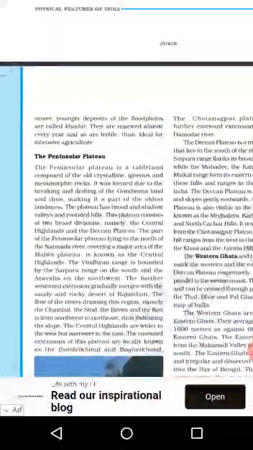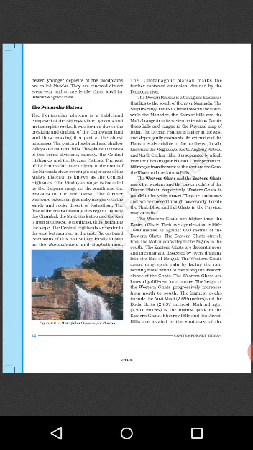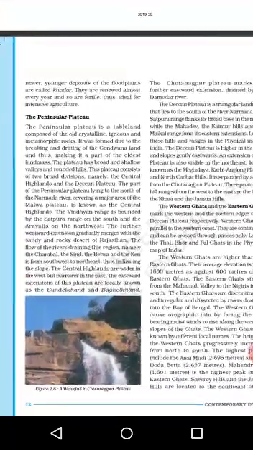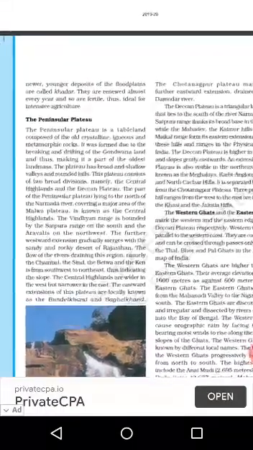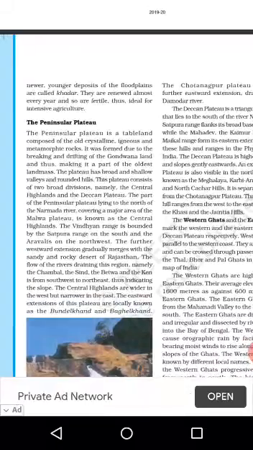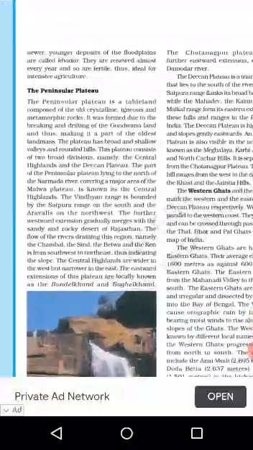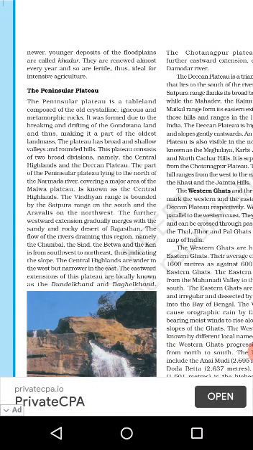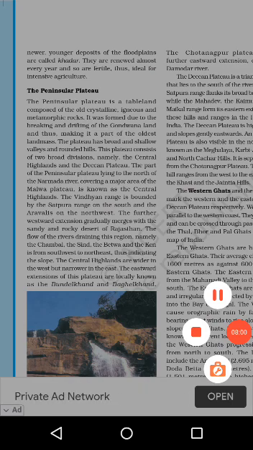After that, the newer deposits are known as Khadar. The younger deposits of the floodplains are called Khadar. They are renewed almost every year, so they are fertile and ideal for intensive agriculture. So you have studied about the northern plains physiographic division.